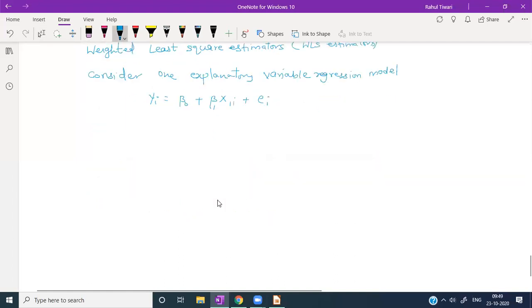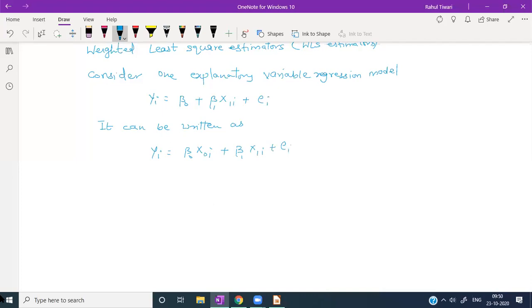And you can see it can be written as, since I know in my data, this model can also be written as yi is equal to beta naught x0i plus beta 1 x1i plus ei, right?